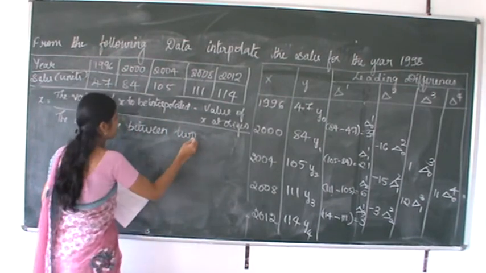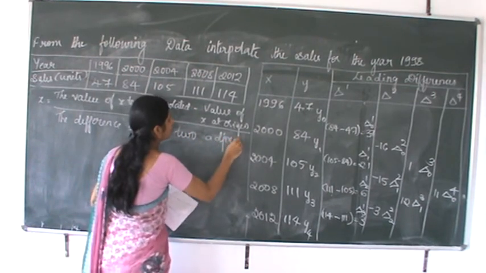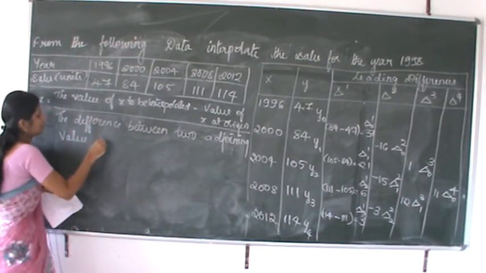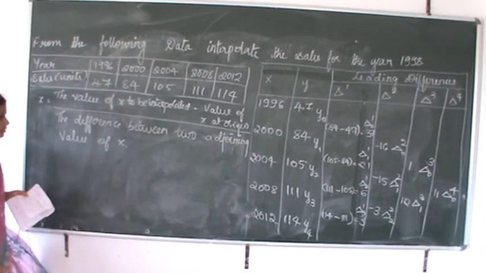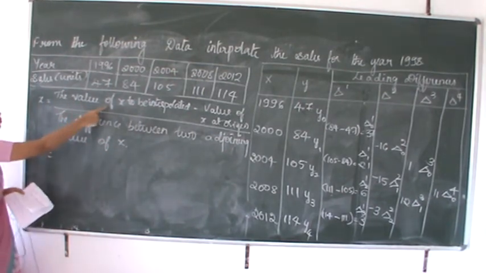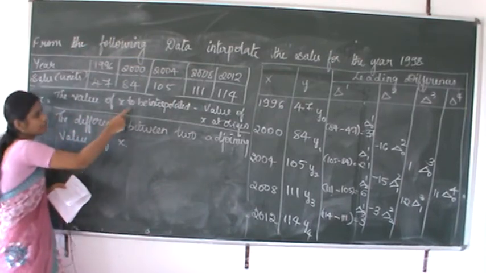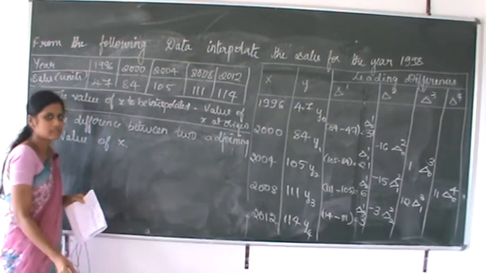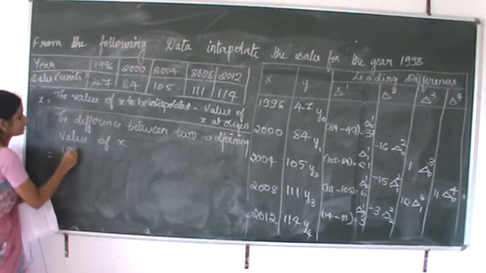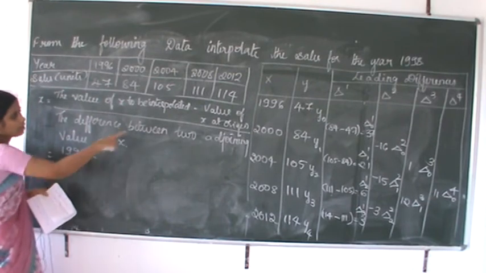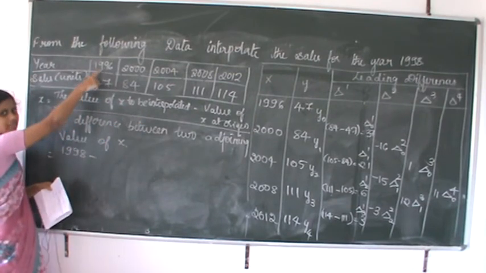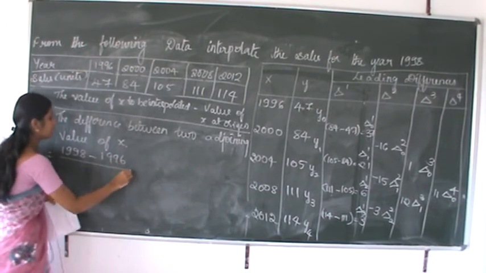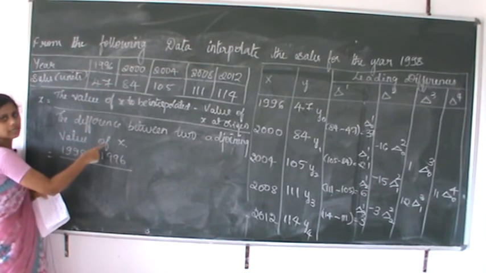So value of x to be interpolated is 1998. For 1998 we have to estimate the sales. That's why value of x to be interpolated is 1998 minus value of x at the origin, that is the beginning value of x. Beginning value of x is 1996, divided by the difference between two adjoining values of x.